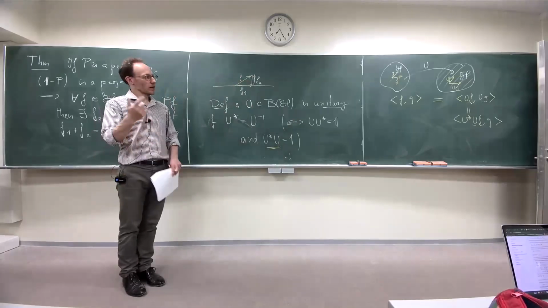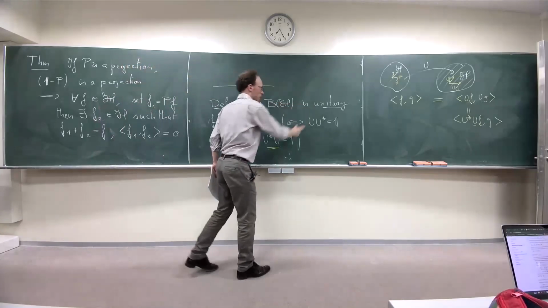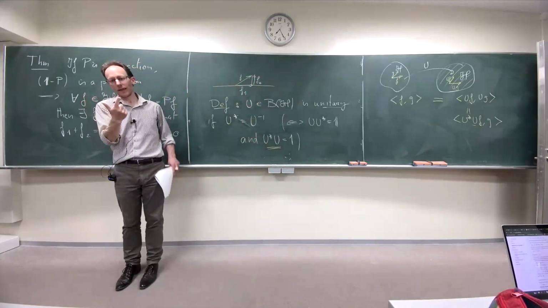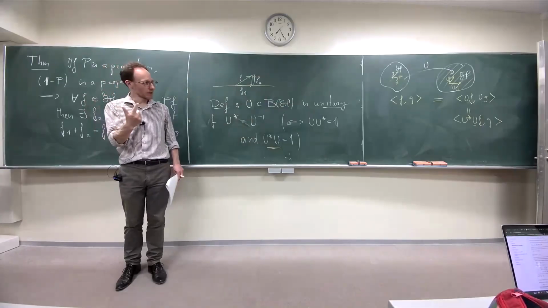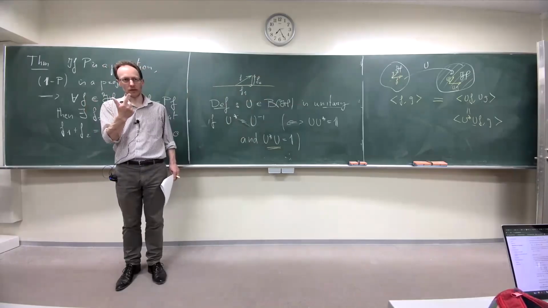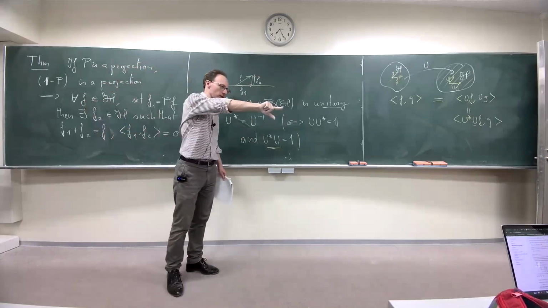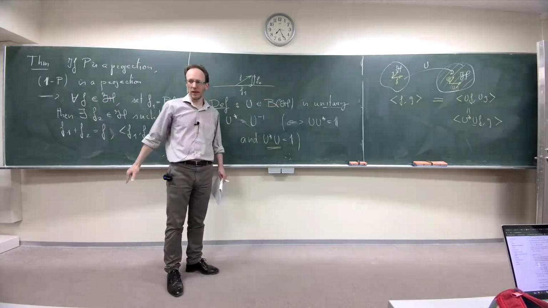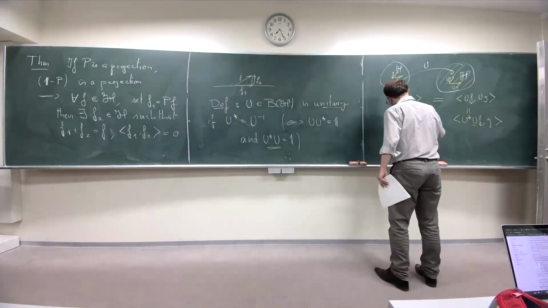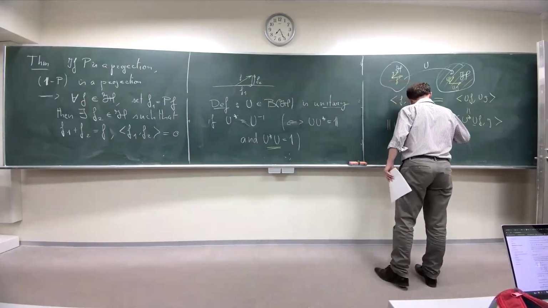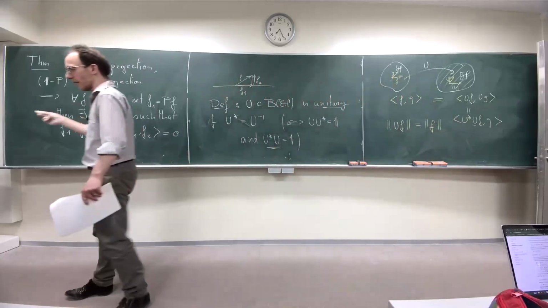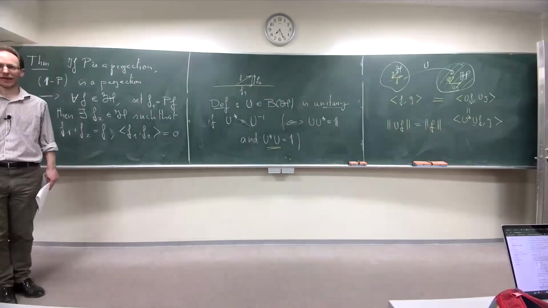So it means a unitary operator preserves the scalar product. So you have two vectors. In finite dimension, you can think about the scalar product as related to the angle between the two vectors. You apply U, you preserve this angle. And it preserves the norm. The same, you can check that the norm of UF is the same as the norm of F. Remember, the norm is nothing but a scalar product of the element with itself.